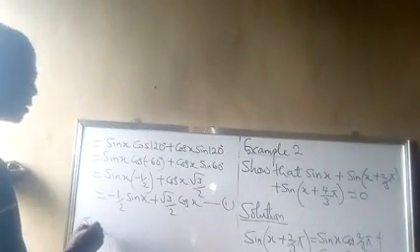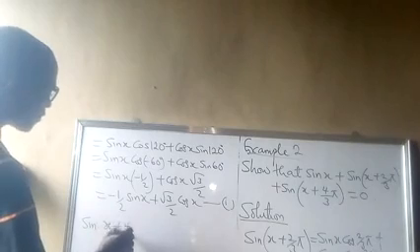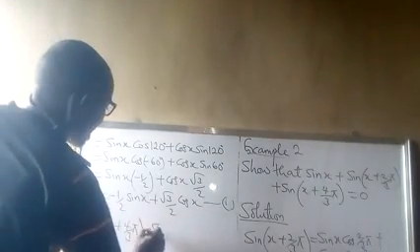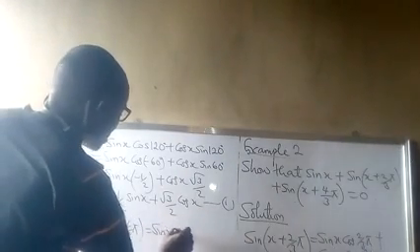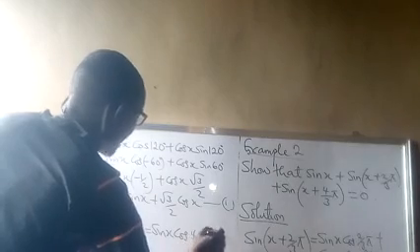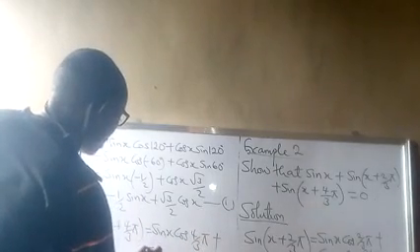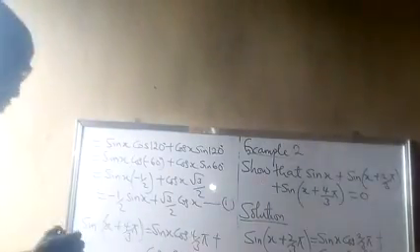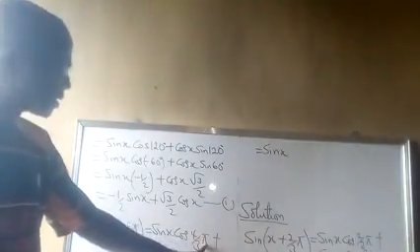Now the next one, sine of x plus 4 all over 3 pi. Let's evaluate that as well. That is sine x cos 4 over 3 pi plus cos x sine 4 over 3 pi. So what will be the value of that? Like I told you, pi is 180 degrees.